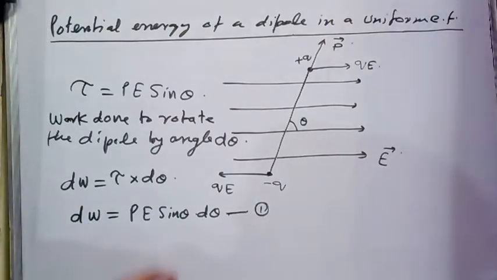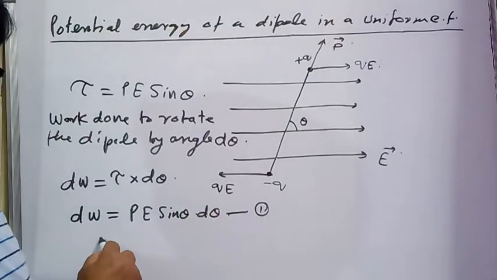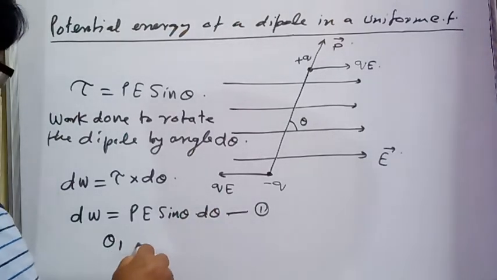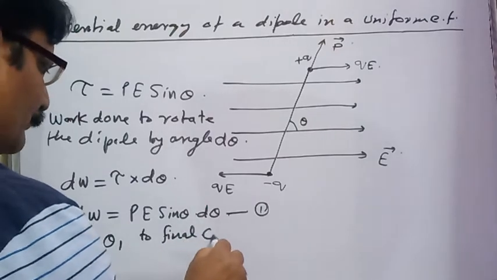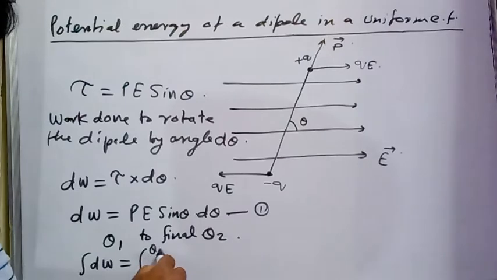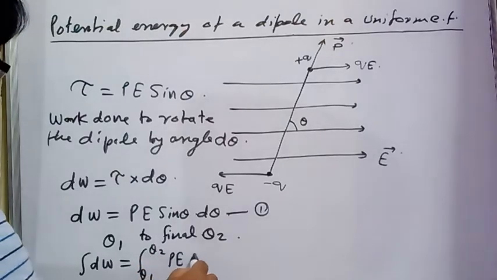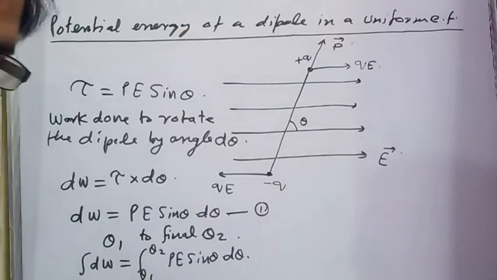How can we generalize this equation? Suppose the dipole is to be rotated from initial position theta 1 to final position theta 2. If we integrate equation number 1 with limits theta 1 to theta 2, the work done can be written as integral dW equals integral from theta 1 to theta 2 of PE sin theta d theta.